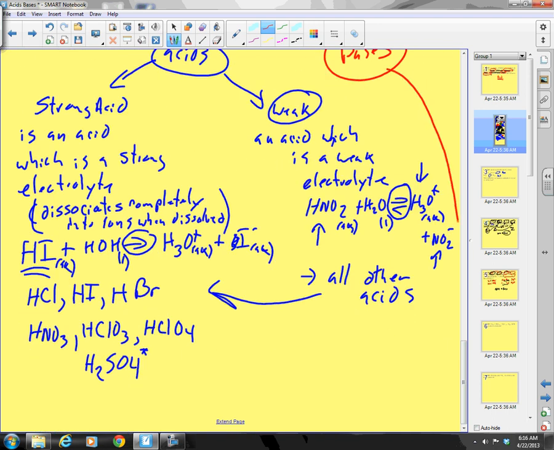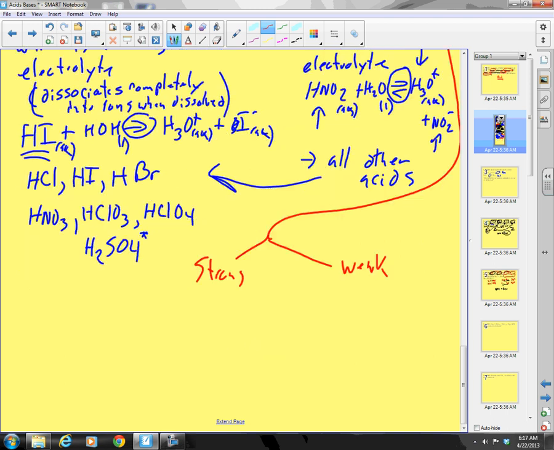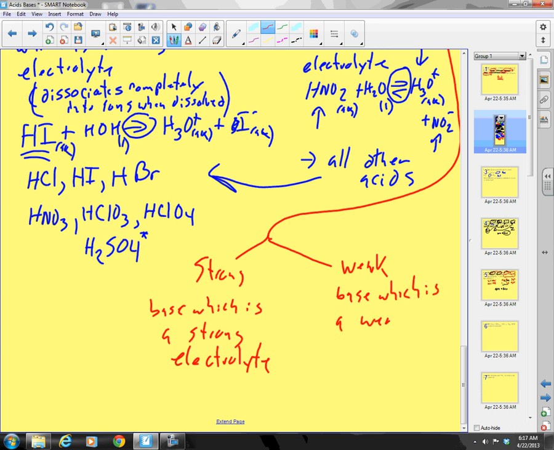Right? We're going to have weak bases, and we're going to have strong bases. And what do you think of strong bases? A strong base is a base which is a strong electrolyte, and a weak base is a base which is a weak electrolyte.